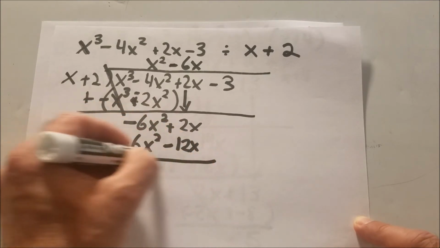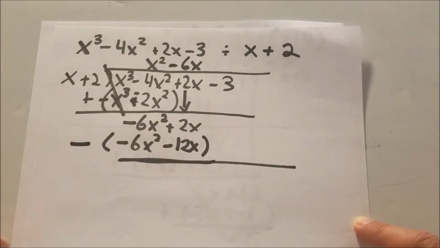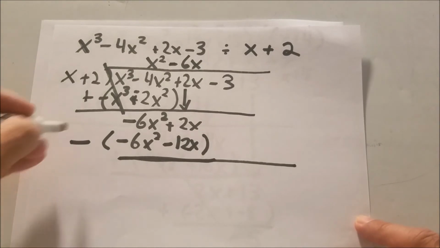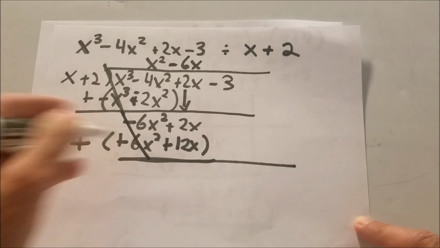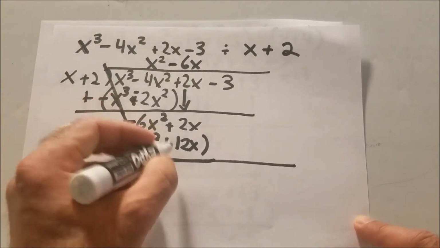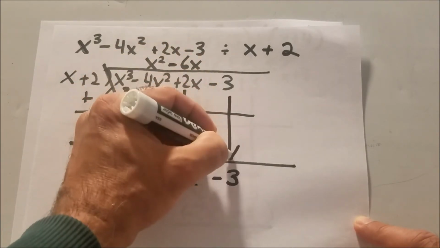Okay, there's our second step that we did. And again, we're subtracting, so what happens with subtraction? Keep, change, change, right? So this will change, change, change, change. That will cancel each other, right? And now we're left with 14x minus 3. Bring down the 3.